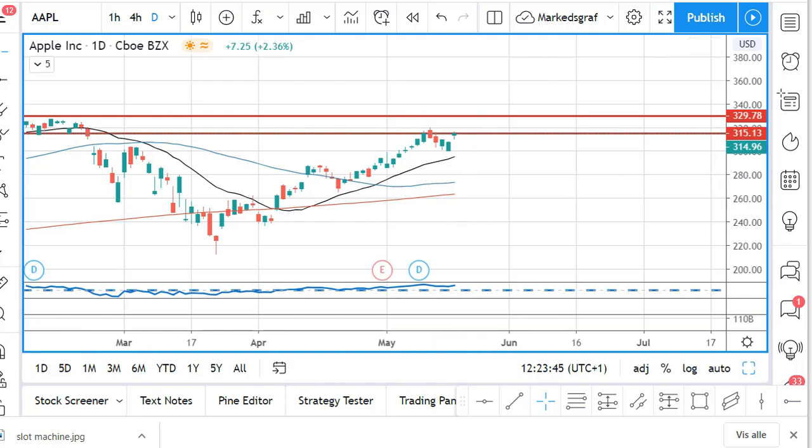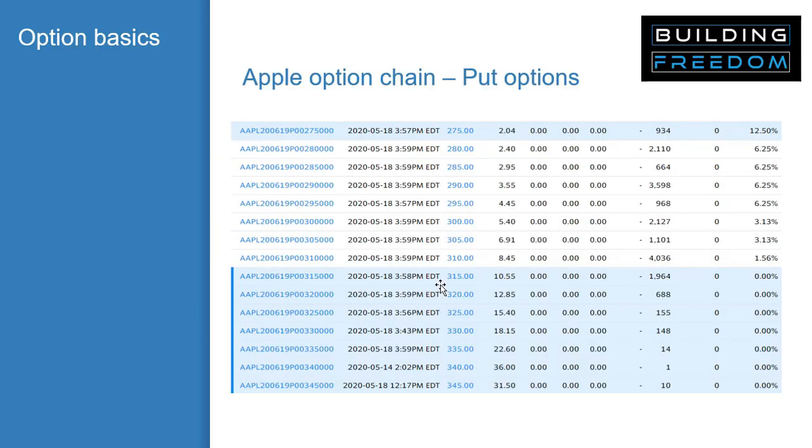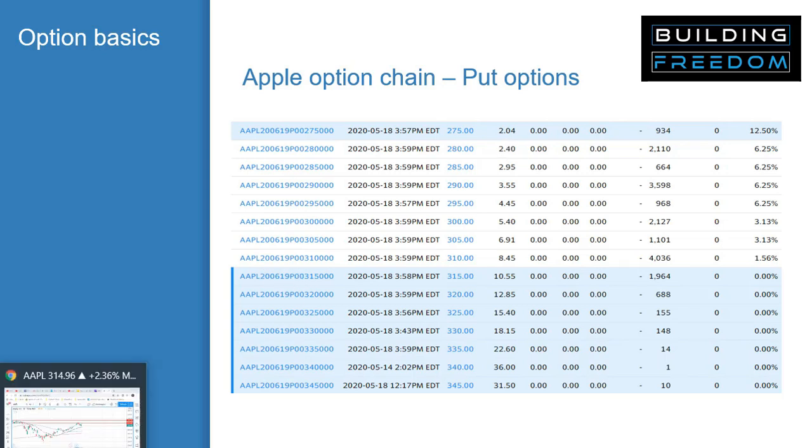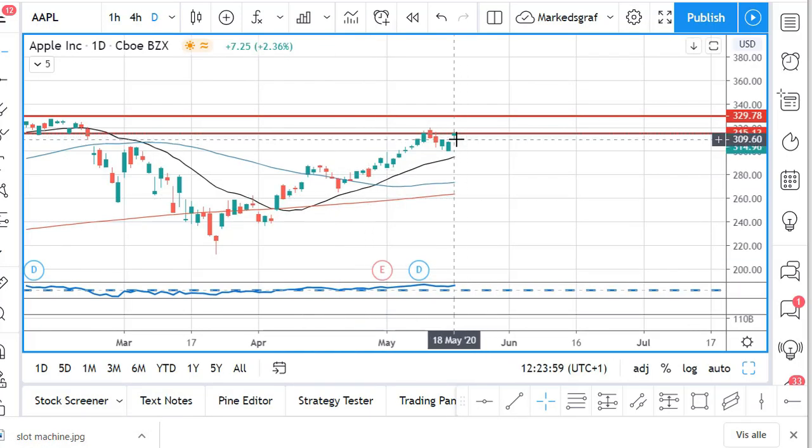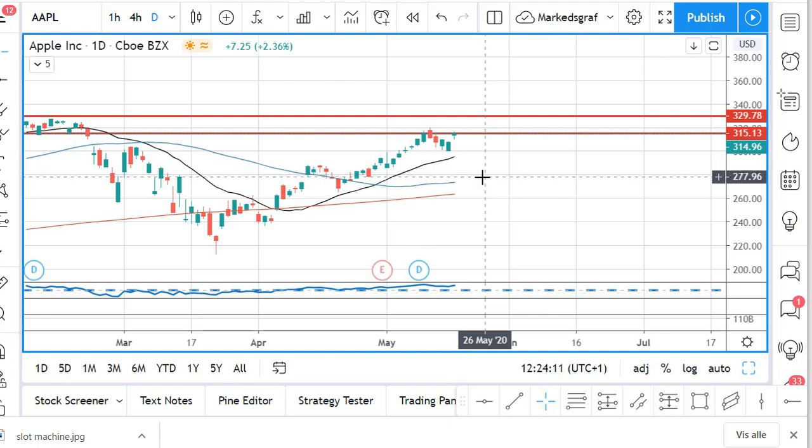And right now, if we are looking at the put option chain, you could get $2.40 per share, meaning for 100 shares, it's $240 you can get up front. Now, if the stock keeps going up, you just keep the $240. But if you are exercised, meaning that it drops down to $280, then you are obligated to buy the stock.